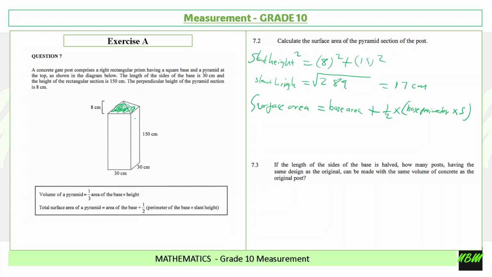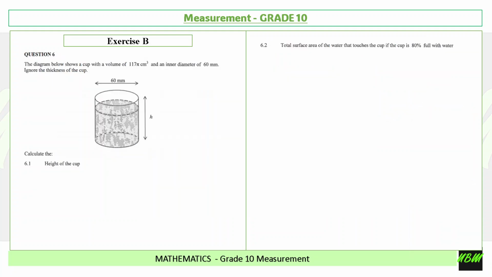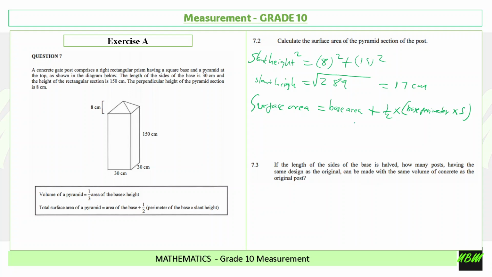So the only surface area that we are going to calculate is the surface area of the lateral sides. Therefore, our formula for the surface area for question 7.2 will be simplified to just half multiplied by base perimeter multiplied by the slant height.